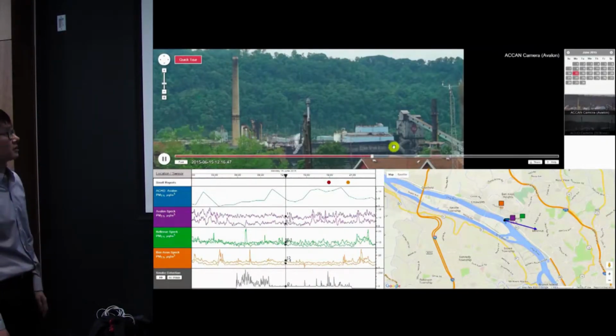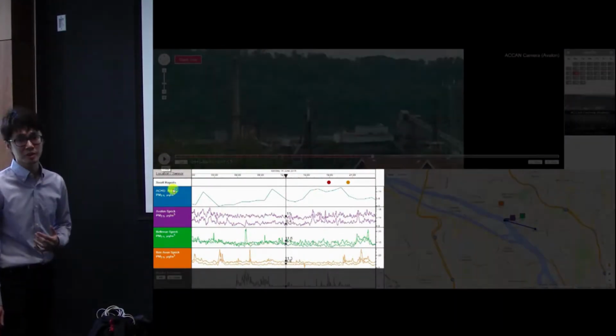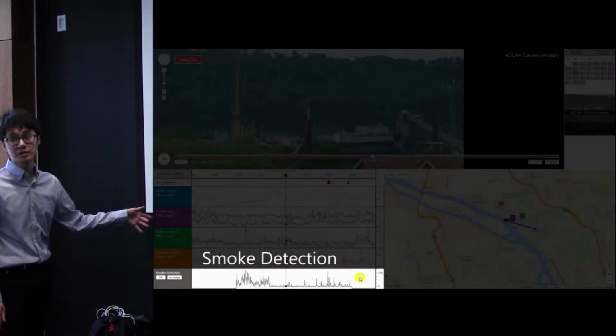There's a calendar and cameras. And there are smell reports that we get from community members, and also the sensor readings. That's the smoke detection part.